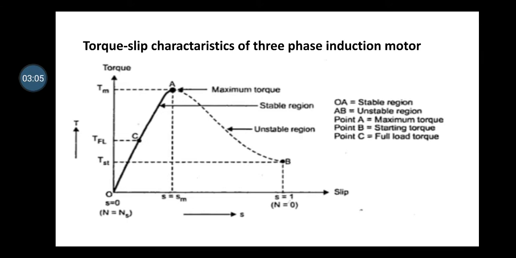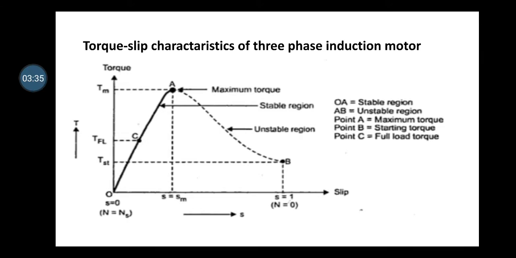The torque slip characteristics is plotted from the starting position of an induction motor, that means N equal to 0, to the synchronous speed of the induction motor. This curve is known as the torque slip characteristics of a three-phase induction motor.